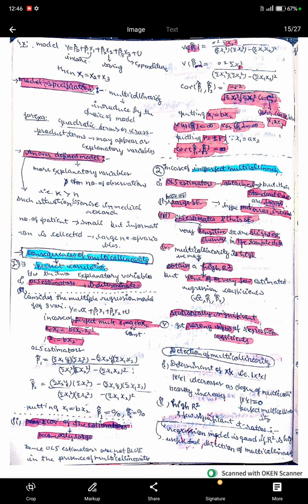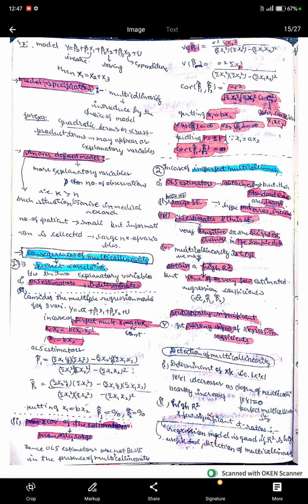In case of imperfect multicollinearity, first, Euler's estimators are obtained but their standard errors are large. Second, because of large standard errors, the type II error increases. Third, Euler's estimates and their standard errors are very sensitive to the slightest change in the sample data.